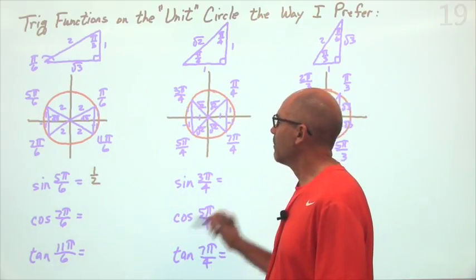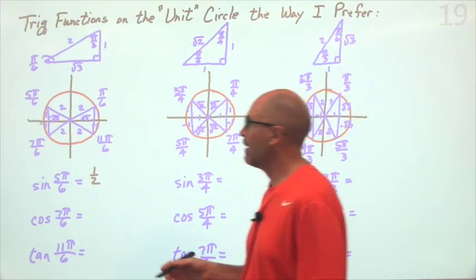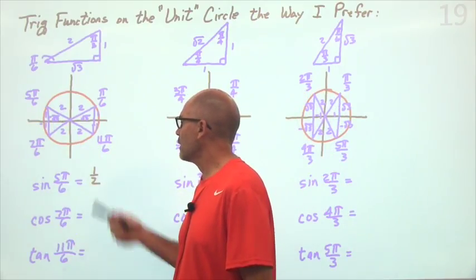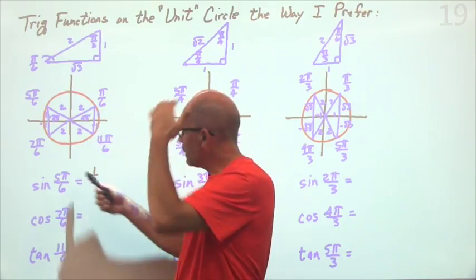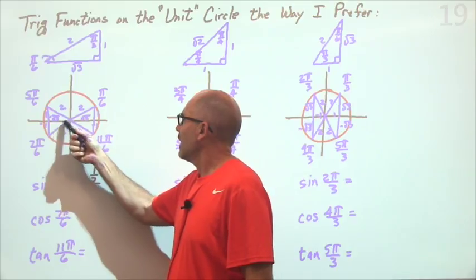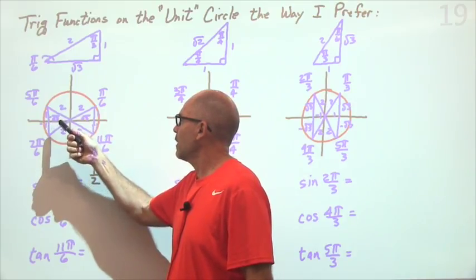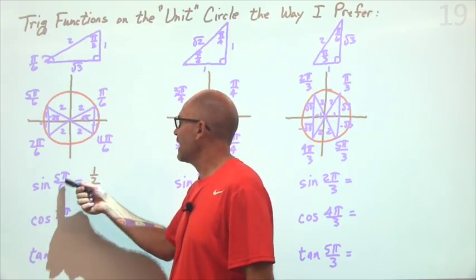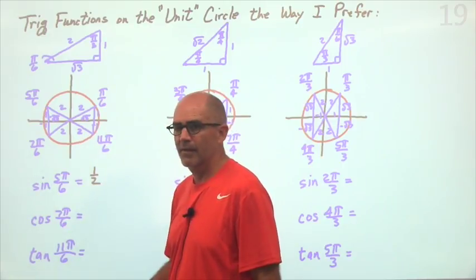Now, I know it's positive because the angle 5 pi/6 is up, and that makes sine positive. Now, if I were to go cosine of 5 pi/6, then it would be adjacent over hypotenuse, so negative square root of 3/2. And notice it is negative because it's left.